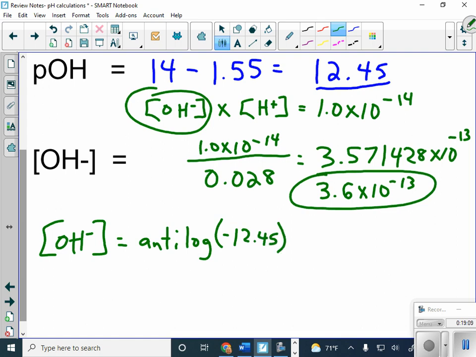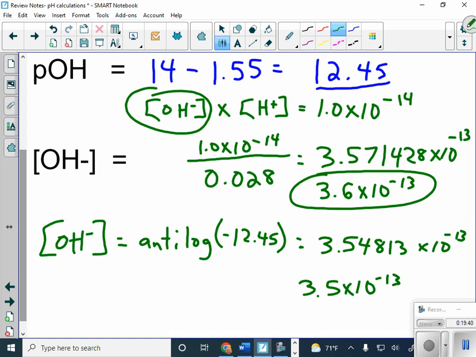And when I do so in my calculator, anti-log of negative 12.45 gives me a value of 3.54813 times 10 to the negative 13. So when I 2 sig fig this one, it's going to be 3.5 times 10 to the negative 13.